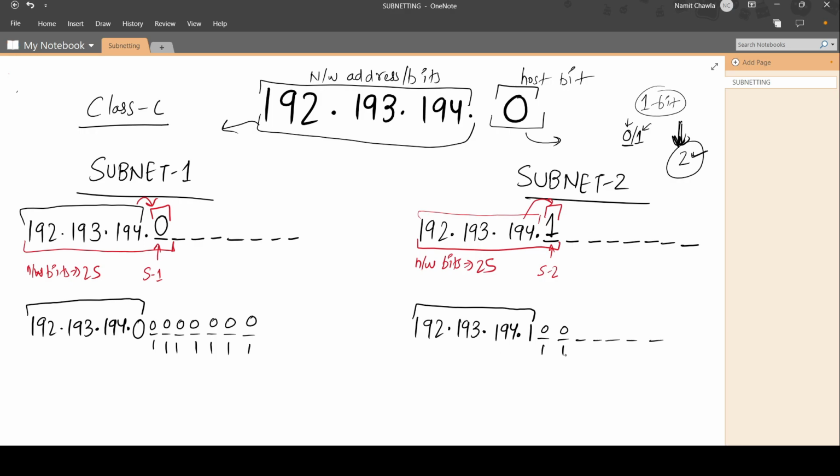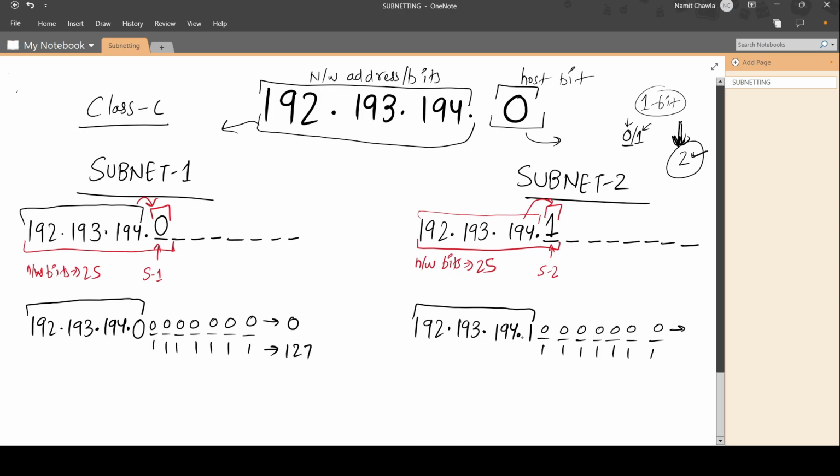So all zeros will be nothing but 0. First 0 followed by all ones will be 127. All zeros with the MSB bit as 1 will be 128, and all ones will be nothing but 255.